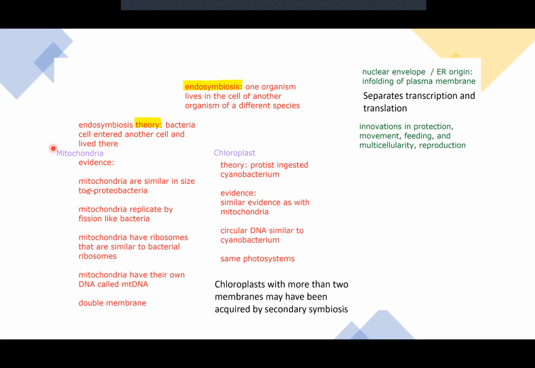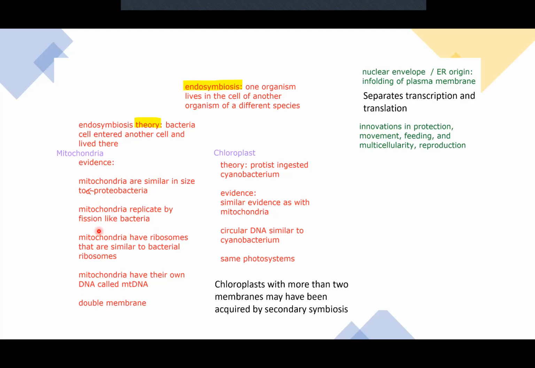So some evidence that endosymbiosis may have taken place, in what was mitochondria and then a bacteria cell, inside a protist or eukaryotic cell, is that mitochondria are similar in size to alpha proteobacteria.